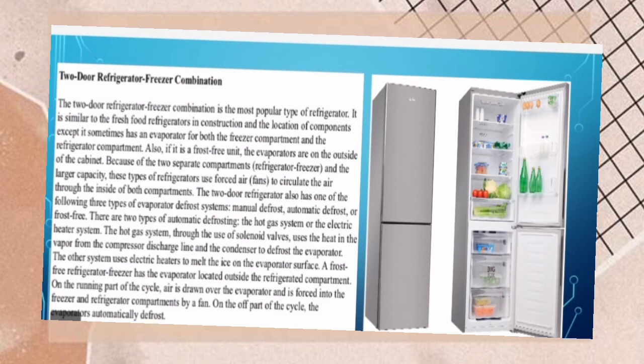And next is refrigerator freezer cabinets. They are made of pressed steel with a vinyl or plastic lining on the interior wall surfaces and a lacquer exterior finish. Most domestic refrigerators have urethane foam or fiberglass insulation in the cabinet walls.